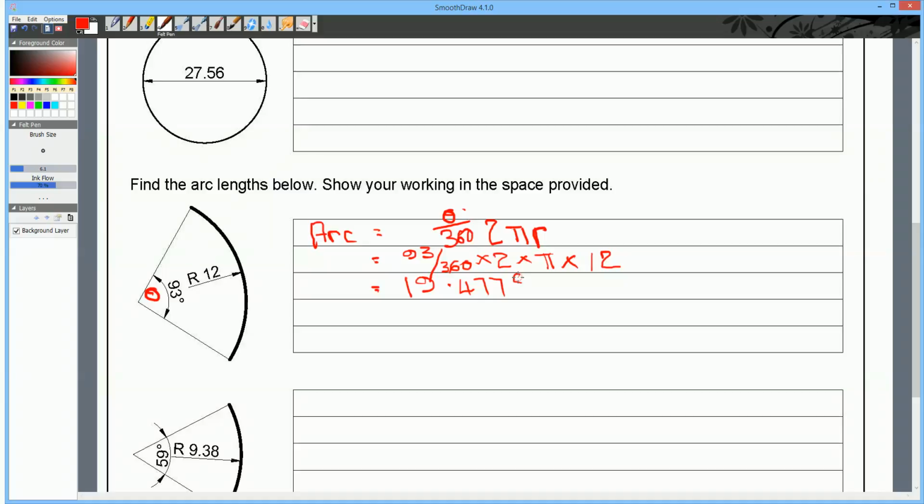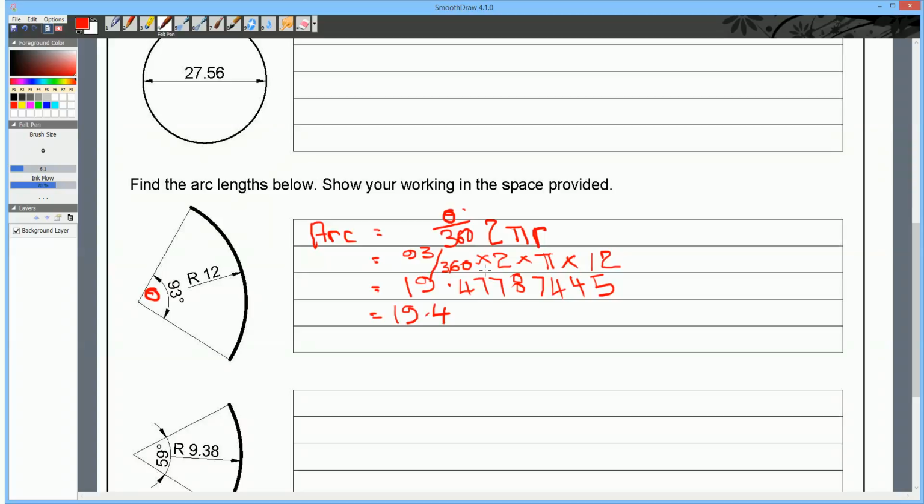Multiplying that out gives us 19.4778787445 on our calculators. Now I've chosen that we might want to round that to 2 decimal places, so let's go 19.4, and now we've got to decide, does the 7 stay the same or go up?